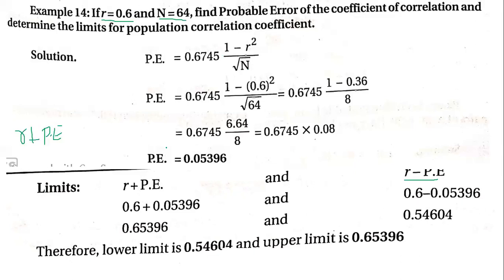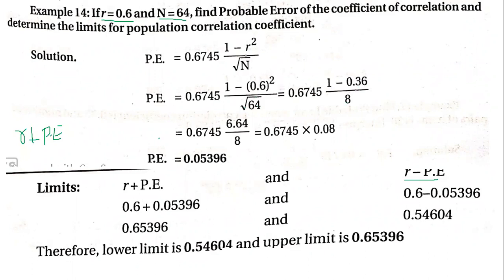Now let's put in all the numbers. 0.6745 into 1 minus r squared, where the r value is 0.6, so 0.6 whole squared, divided by square root of 64. Next step, 0.6745 will remain. 0.6 squared is 0.36, divided by the square root of 64, which is 8.